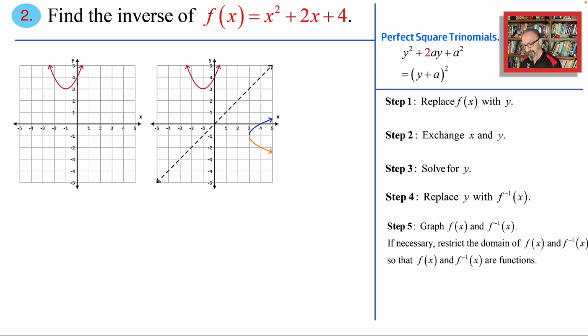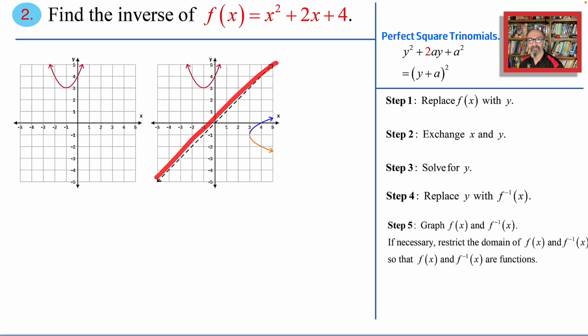Originally we have the function with domain of real numbers, but once you reflect it about y equals x right here, it gives you this graph, but that's not a function because it doesn't pass the vertical line test. So we only want to keep this, which is the plus. We eliminate the minus sign, and we go back to the function and take this off, restricting the domain. The domain should become only from -1 up.